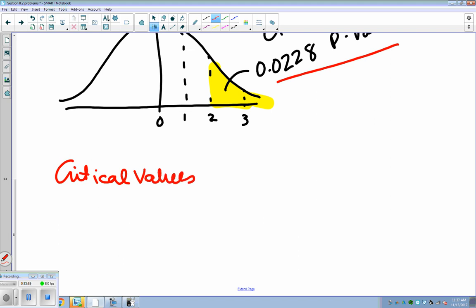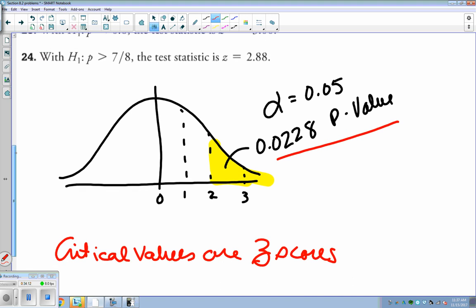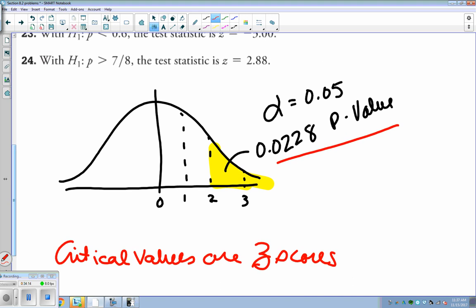Critical values are z-scores. Critical values are z-scores. This is a one-tailed test, right? We've already discovered that. Alpha being 0.05, would I have to shade a bigger area for alpha to get 0.05 area?